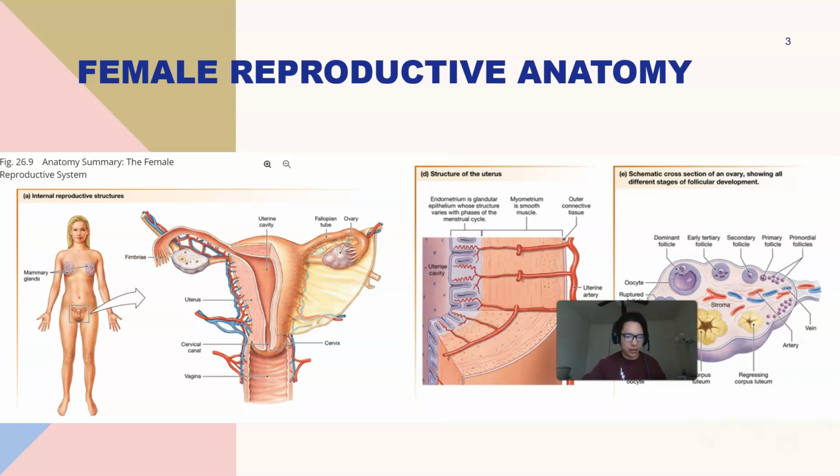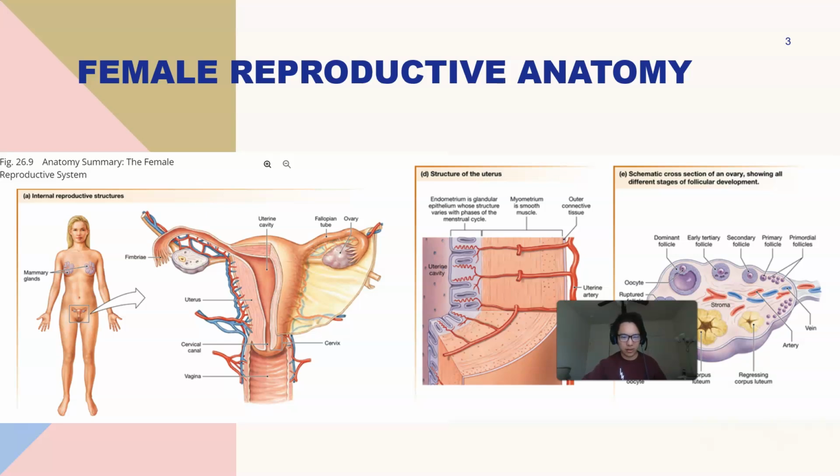Right here is the uterus, and then it extends out to the ovaries, these little egg-like structures here. They're egg-like, but they actually produce eggs. These eggs then leave the uterus and go out through the vagina eventually. And this is in the case of, once again, non-pregnant women.